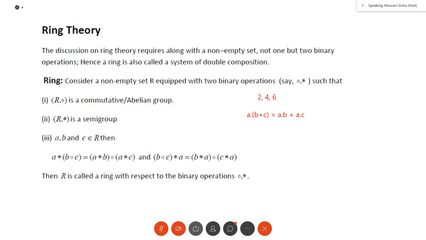But this has to hold for all the elements. That is very important. Okay, so you will say that because addition and multiplication hold in this case, we can say that this operation will give you the result.